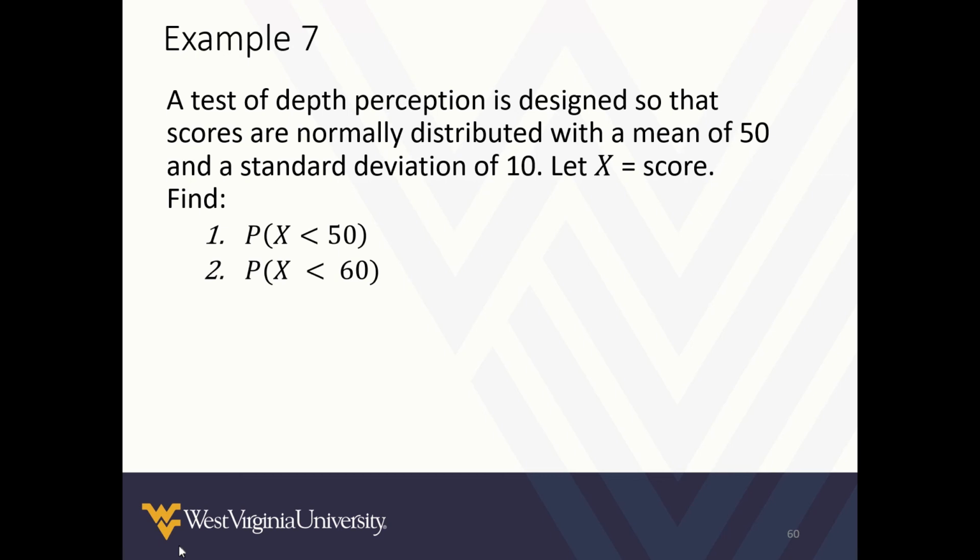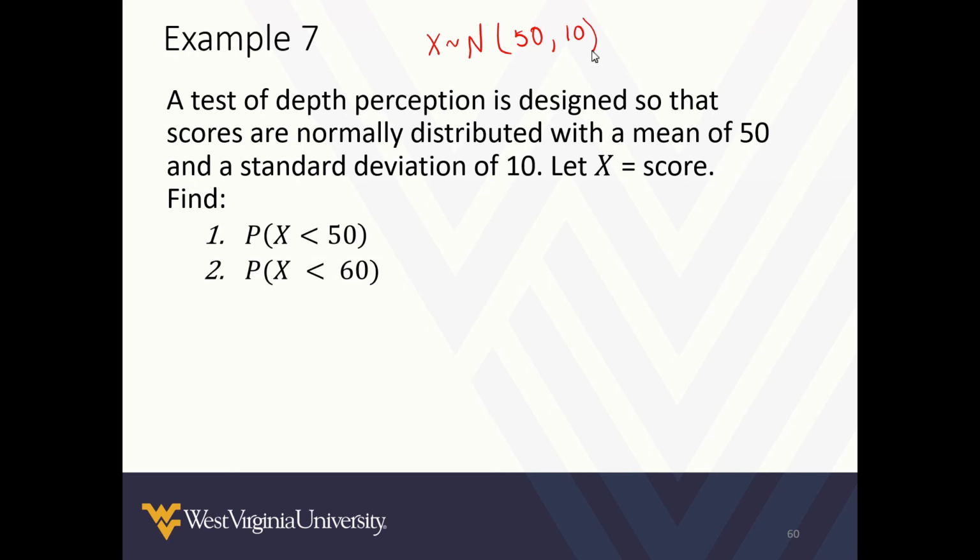A test of depth perception is designed so that scores are normally distributed with a mean, mu, and a standard deviation of 10. We'll let x equal the score. And we are asked to find the probability that x is less than 50.